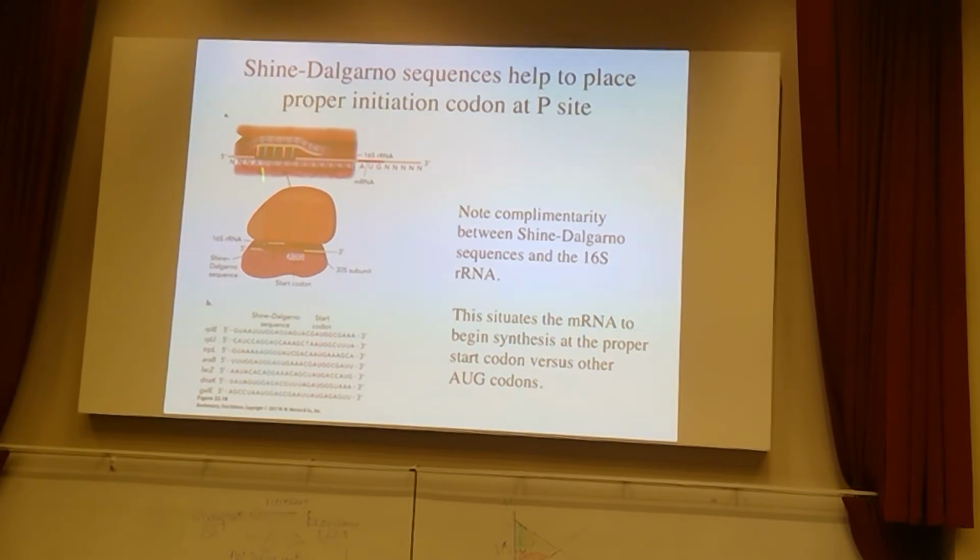Essentially, they do. Almost all of them have some sequence that has favorable contacts with the 16S RNA just upstream of the peptidyl center. There can be real variations in what these look like, and some of them just barely begin to resemble the canonical Shine-Dalgarno sequence.